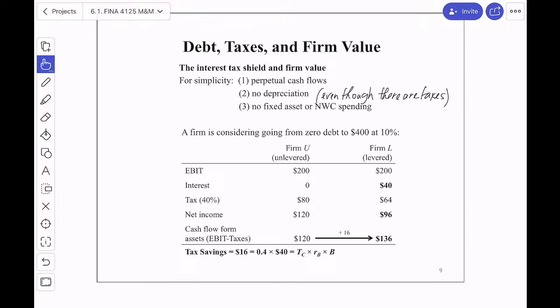And to keep it simple, so this doesn't become a huge capital budgeting exercise or case, there's no fixed asset or no net working capital spending, so that you don't have to do anything with investment.